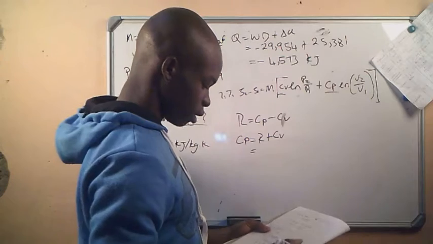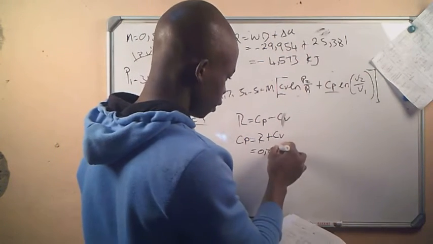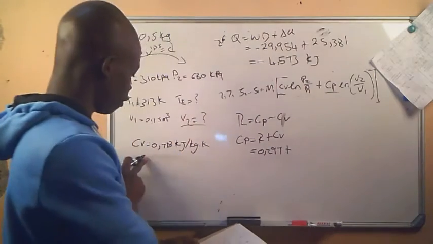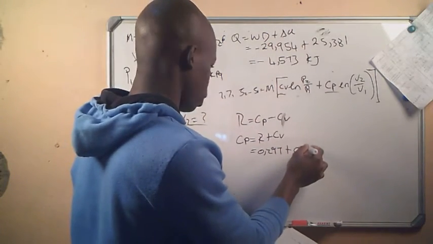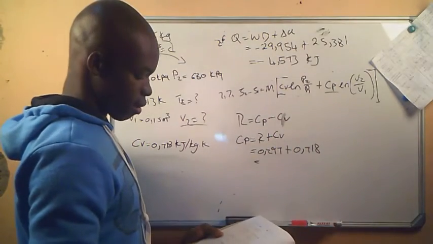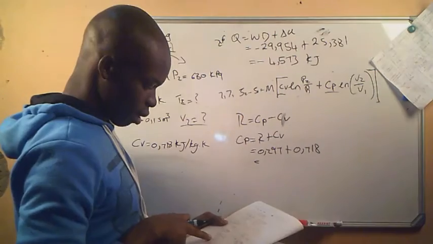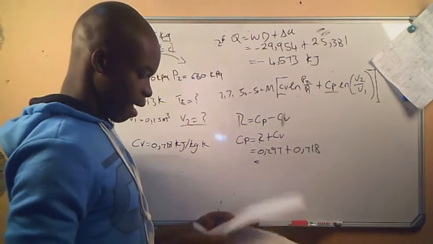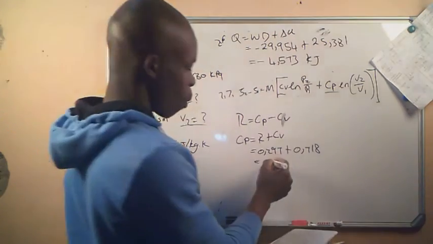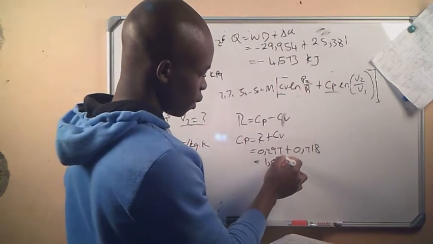Our R we got 0.297 plus our Cv at 0.718, and then we get our Cp as 1.015.